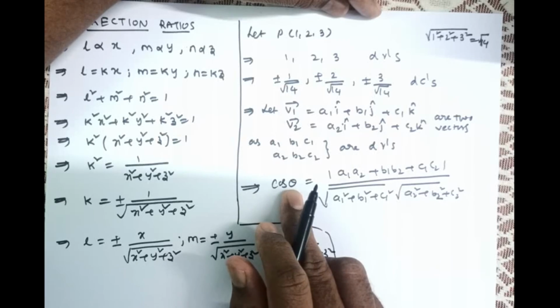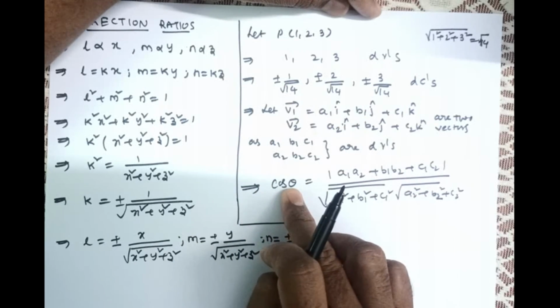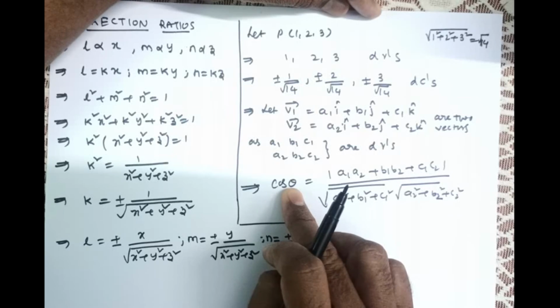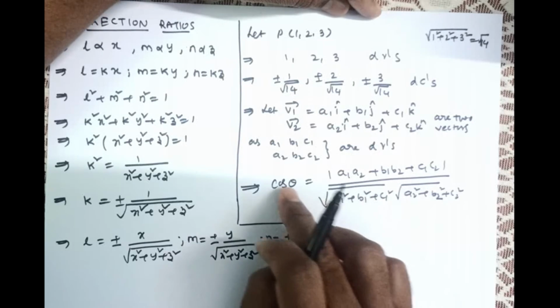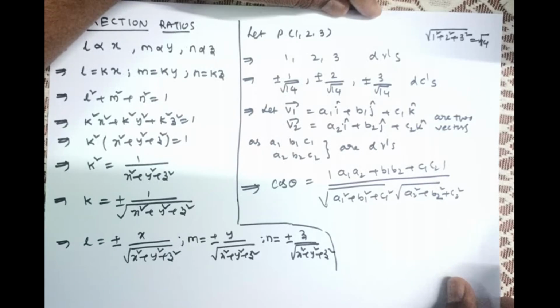So if these two vectors are perpendicular, then theta is 90 degrees, so cos theta is 0. If you substitute here, we'll see on the next page.